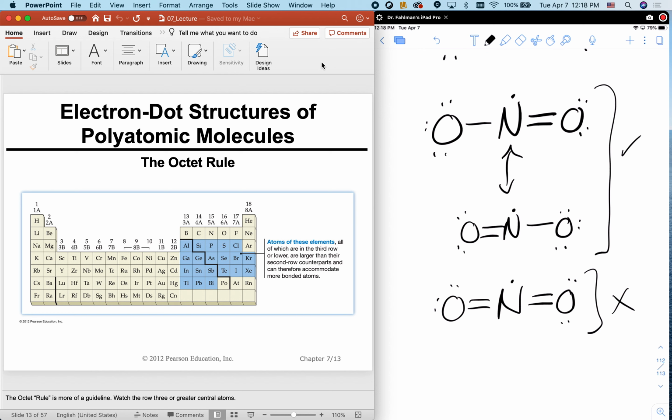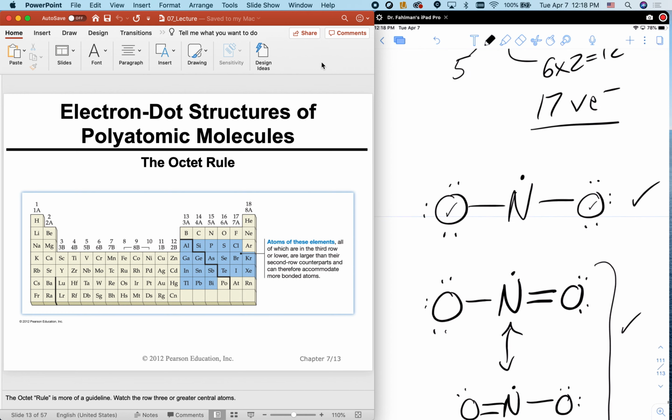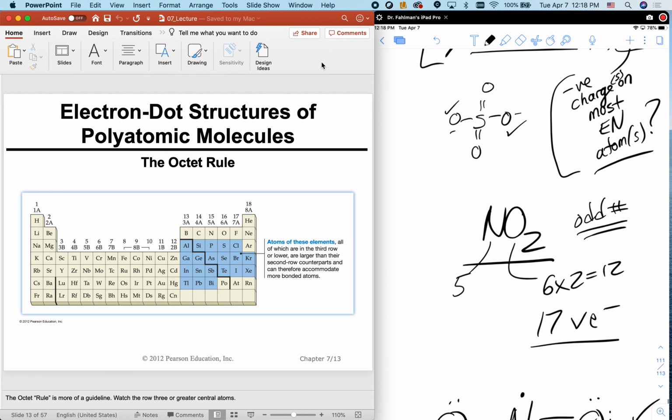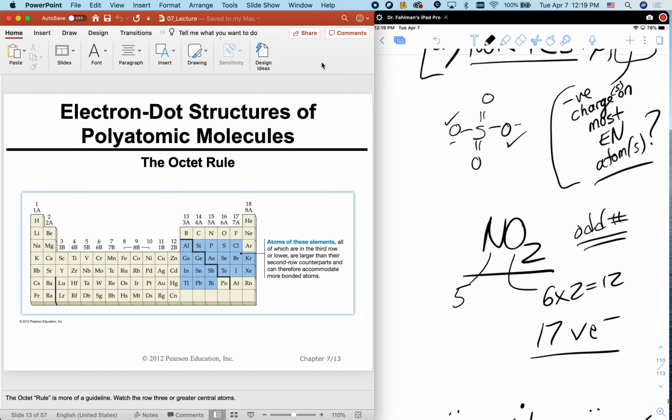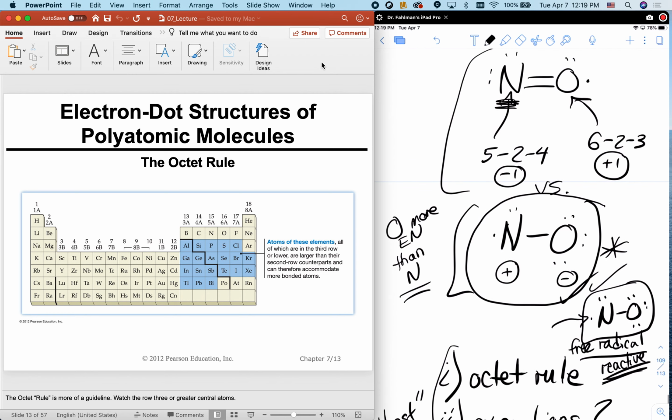But why is this one not a possible Lewis structure? And so you start to look, these oxygens are happy, they have octets. This central nitrogen, though, has more than 8. And that is never, ever going to happen. So it is possible, like we saw for NO, that nitrogen could have less than an octet. Where was that?